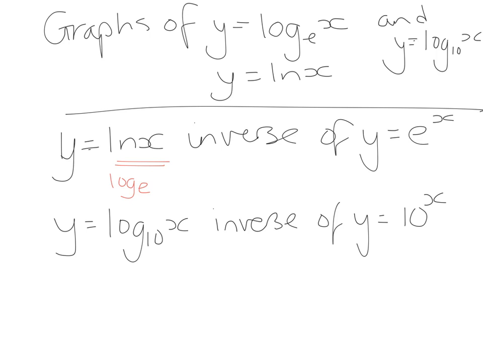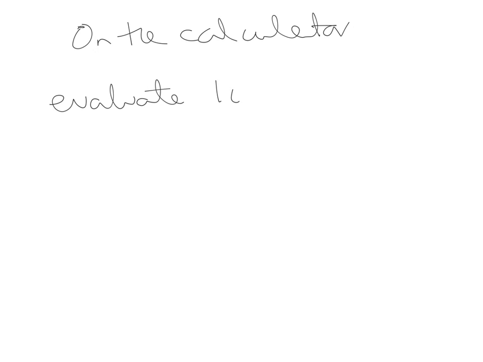Right, if we were wanting to use the calculator, I'll just again mention these buttons so that we've got it all together. On the calculator, if we wanted to evaluate log to the base 10 of x, we would press the log button.